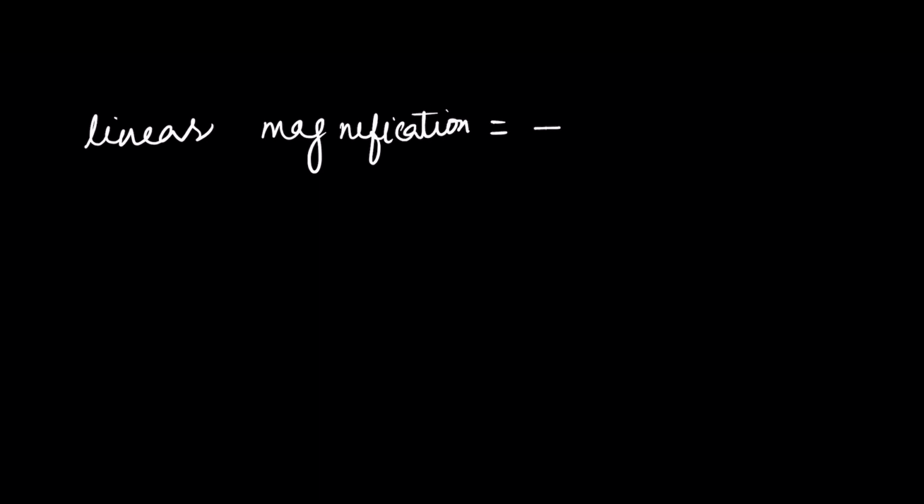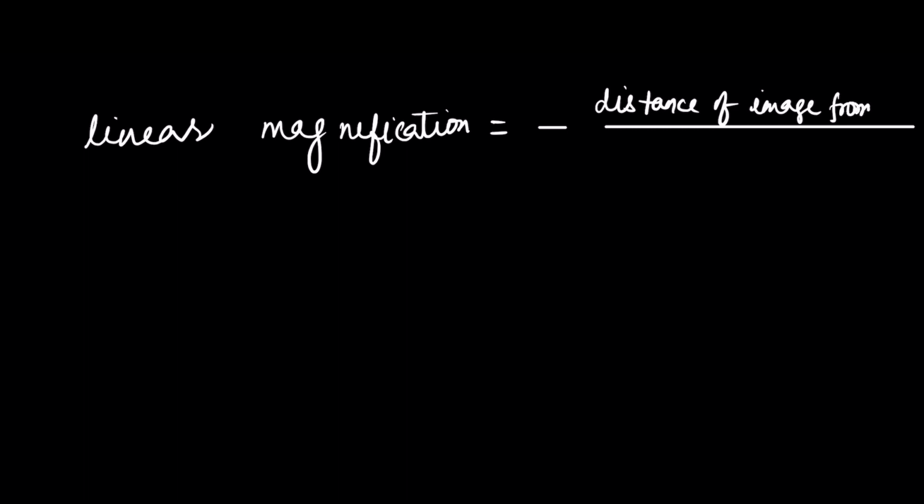Linear magnification has one more relation, equal to negative of distance of image from pole to the distance of object from pole.